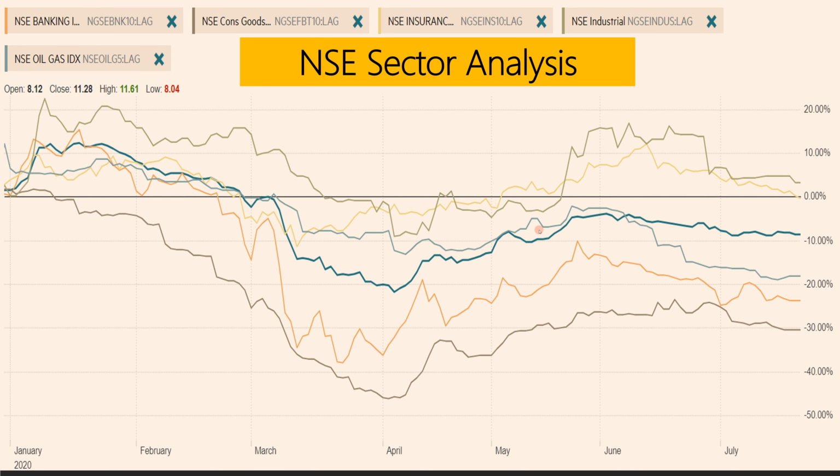Now, what do we have next? Let's compare the sectors. We have five sector indexes that we're looking at on the Nigerian Stock Exchange.